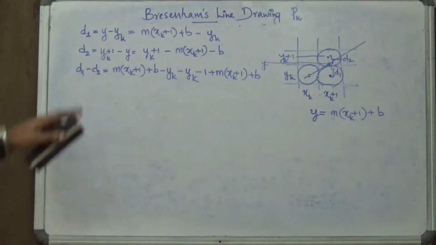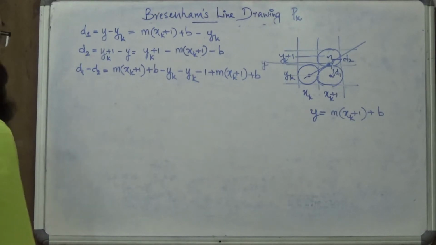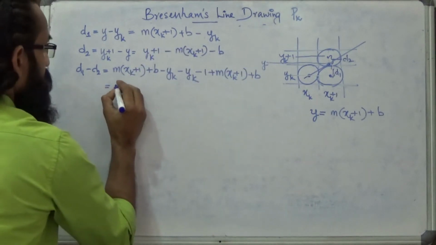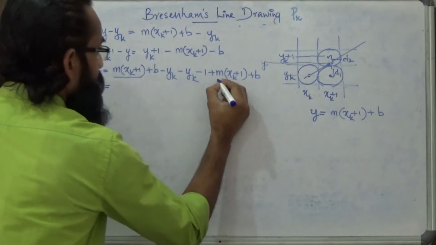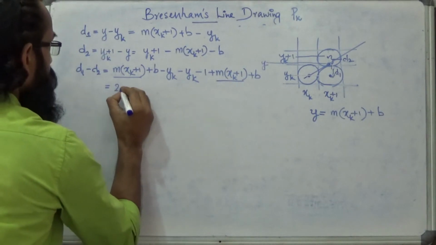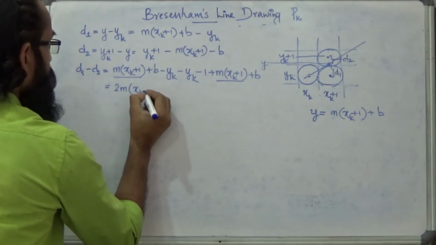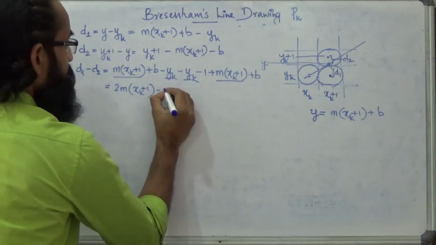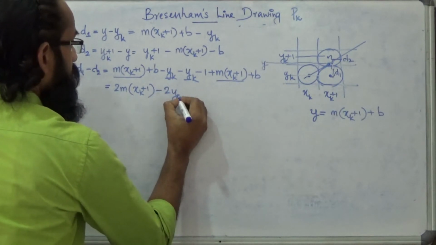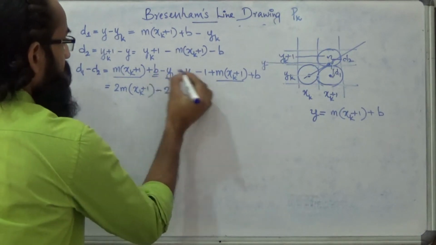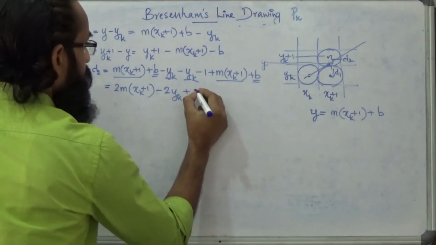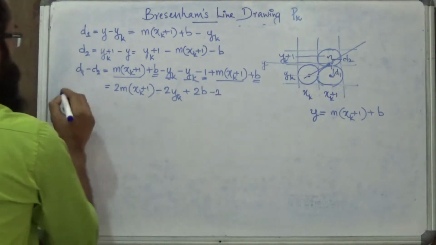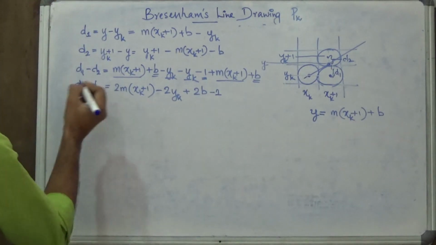So this is the difference d1 minus d2. So you can rewrite this equation. You are having m xk plus 1 two times, so you can write 2 into m xk plus 1. You are having yk twice, so minus 2 yk. You are having b two times, so plus 2b. You are having minus 1. So this is the difference d1 minus d2.